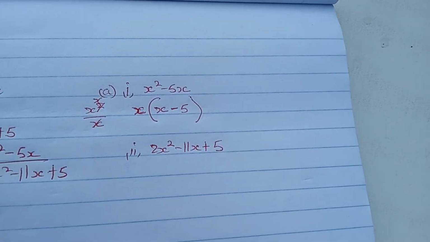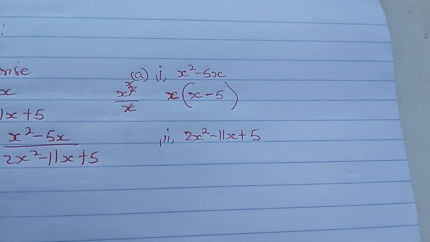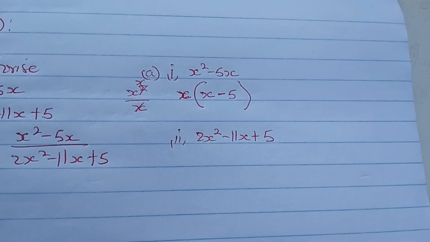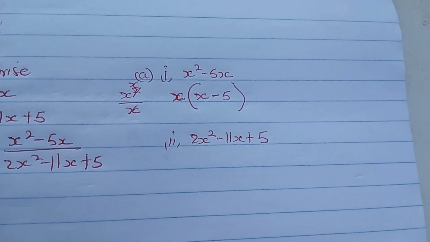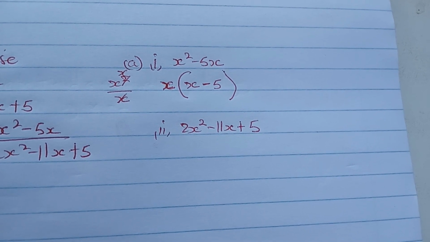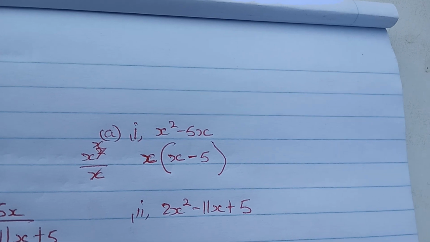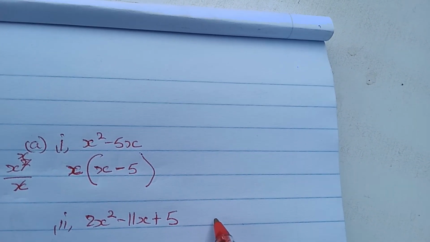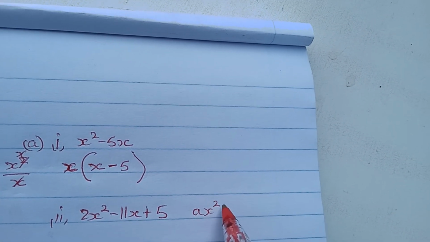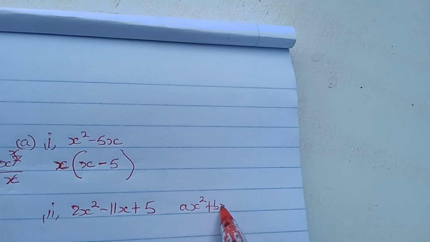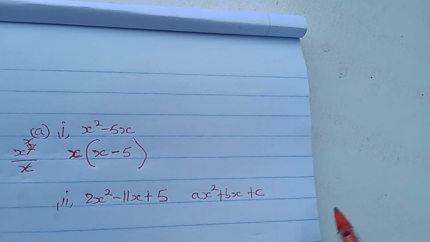This is what we have. For this one, it takes us back to quadratic trinomials, where we have the formula ax to the power of 2 plus bx plus c.